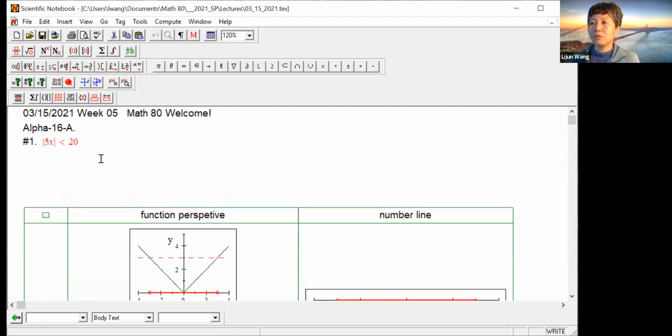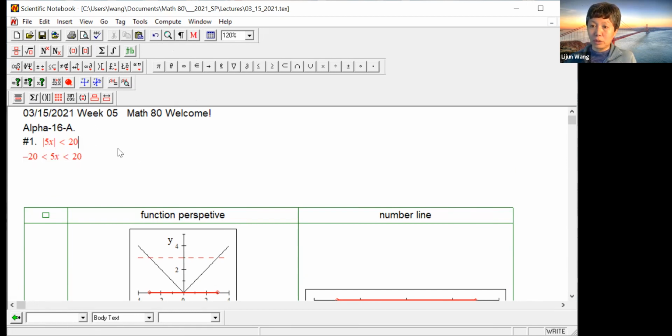Then you go straight to 5x is greater than negative 20 and less than 20.